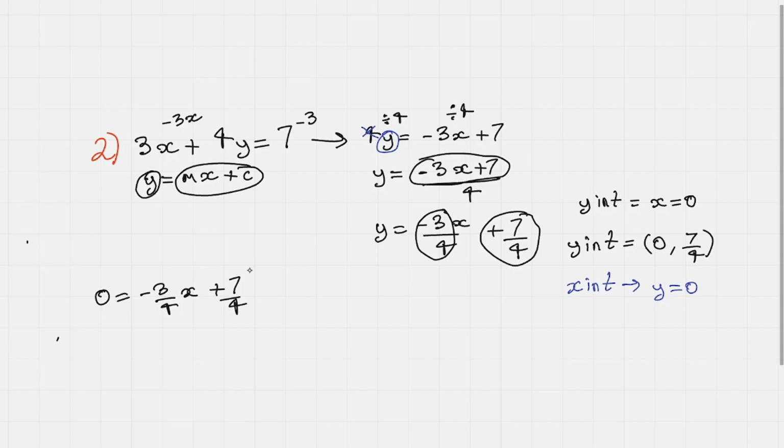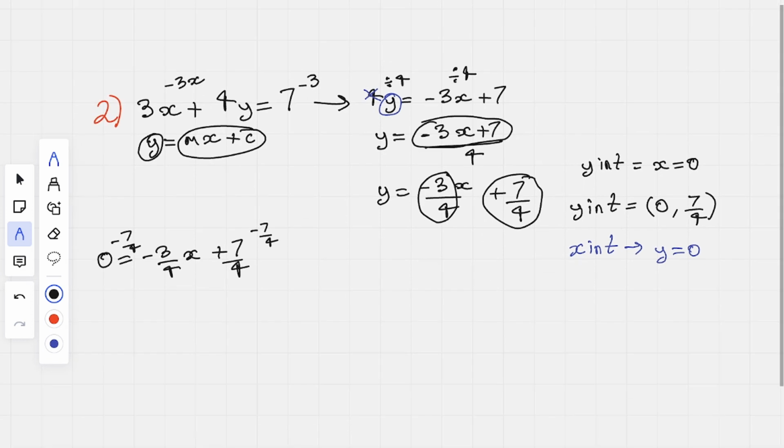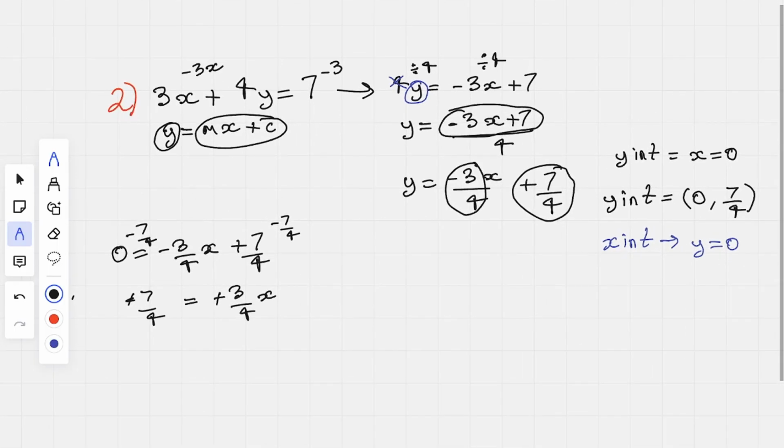And now we subtract 7 over 4 from both sides, which would therefore become minus 7 over 4 is equal to minus 3 over 4x. We can cancel the negative on both sides. If there's a negative on both sides and no other number subtracting or adding, we can just cancel the negatives like that.